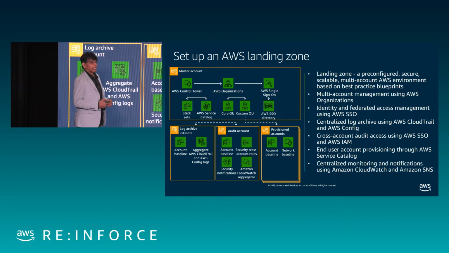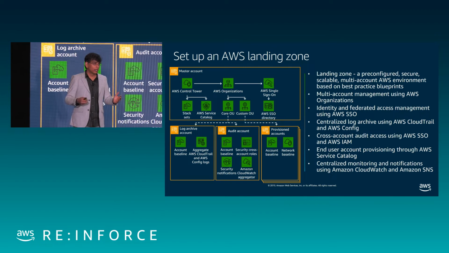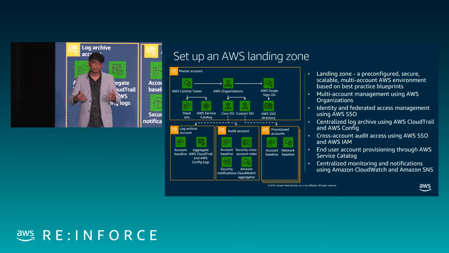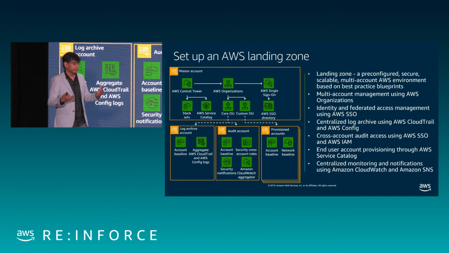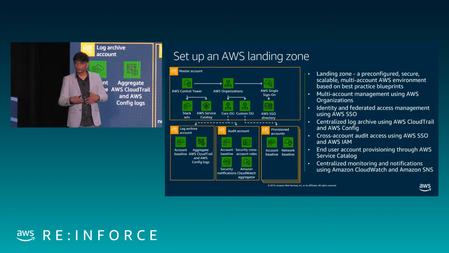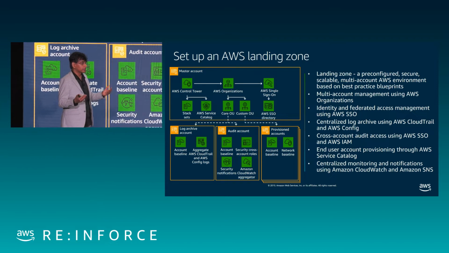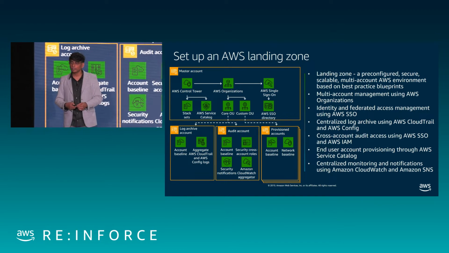And account provisioning is a big need for enterprises, where they typically deal with ticketing systems and a central team approving requests by developers who want to create accounts for their applications, and then having to worry about standardization of these accounts with configurations that comply with their corporate policies.